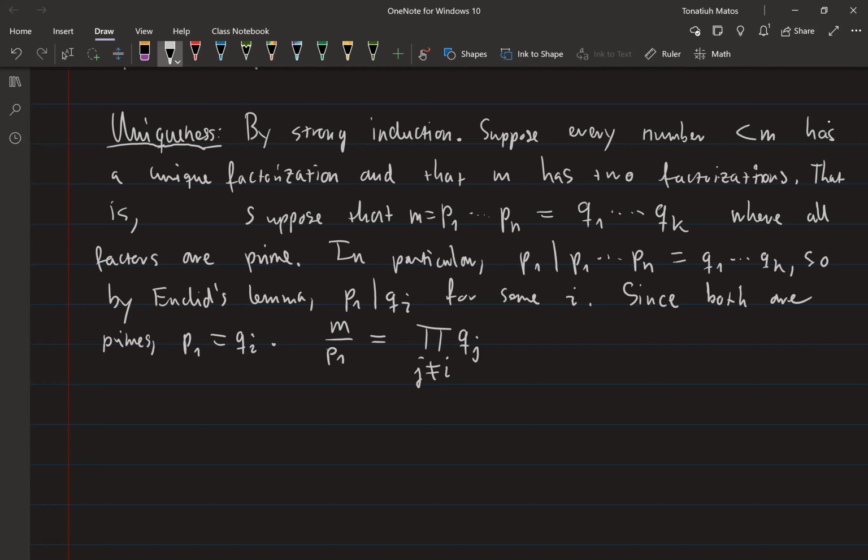So you take all primes except p1 because I'm dividing by p1. This number will definitely be smaller than m, right? I'm dividing by something bigger than 1, so this is smaller than m.